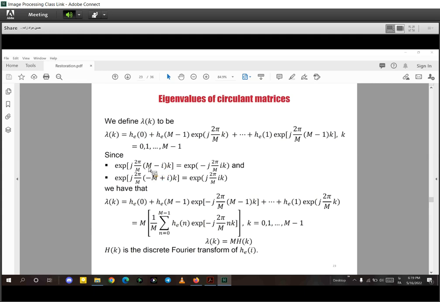Okay, mirror of these items: m plus m minus a, minus m plus a k is again m over m is j2πk, and this is 1, and this is e^(j2π/m ak).